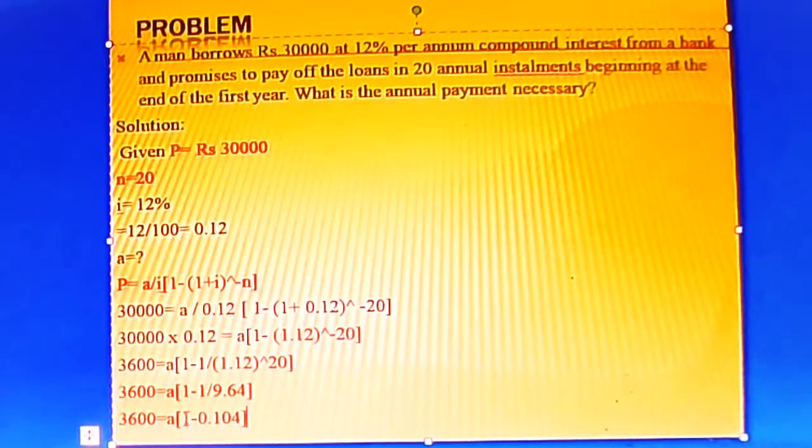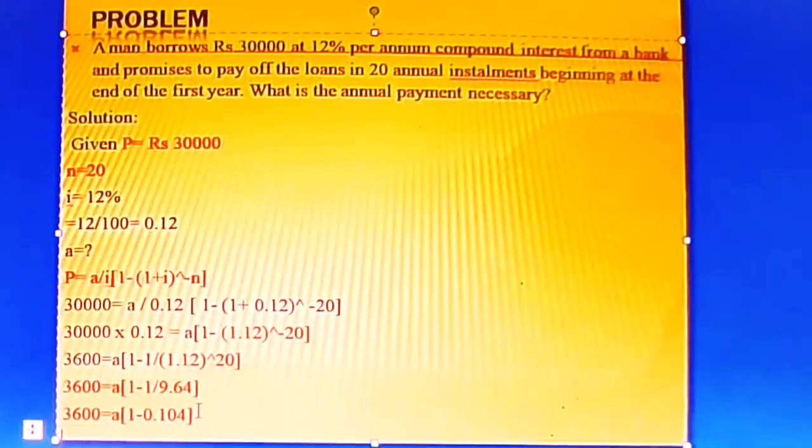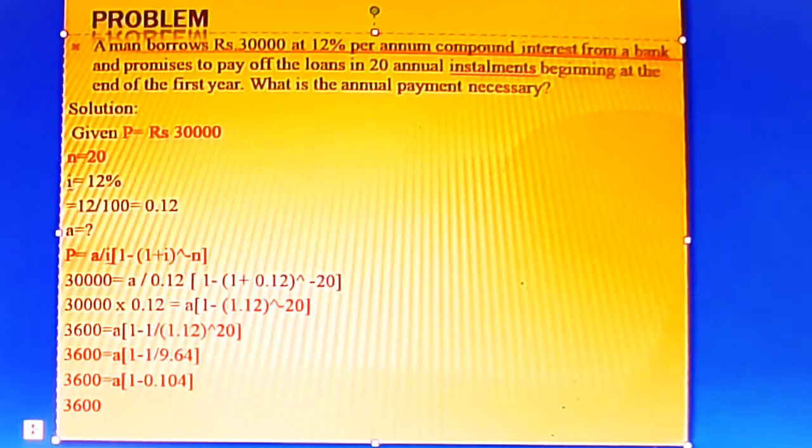Now you can subtract these two. 1 minus 0.104. So you will get 3600 is equal to A times, open bracket, 1 minus 0.1054 will give you 0.8962, something like this.